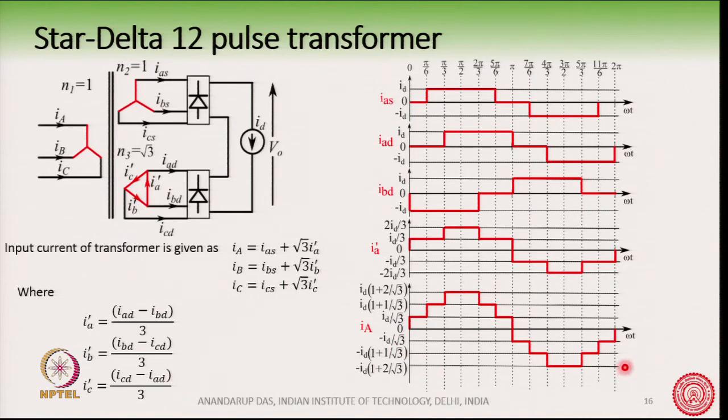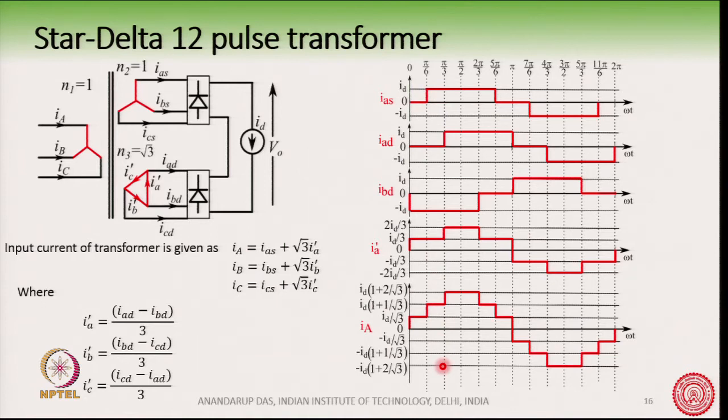You can see that I capital A is distinctly different from IAS. If we had only a 6 pulse rectifier with a 1:1 transformer, with both sides in star for example, then I capital A and I small a s would have been identical.